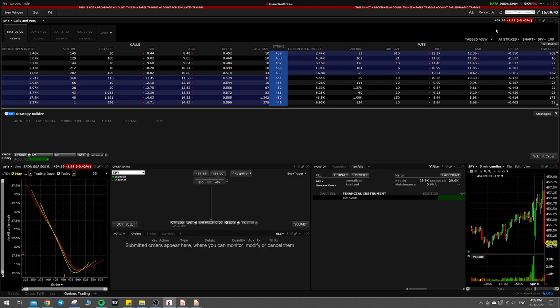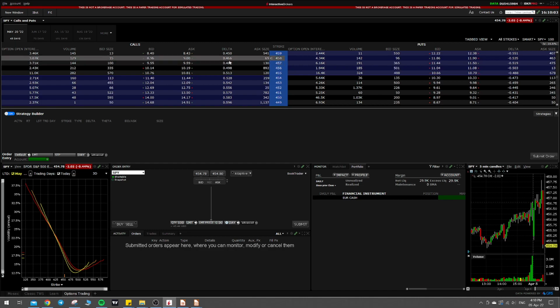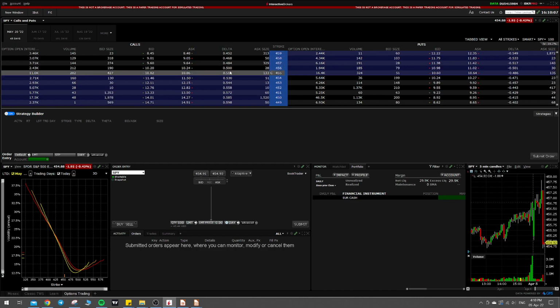The current price of SPY is 454.70, 80, and so on. Everything above 454, in this case for a call, like for example 455, 456, 457.